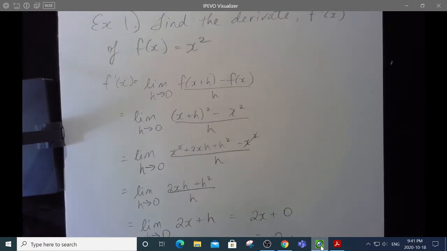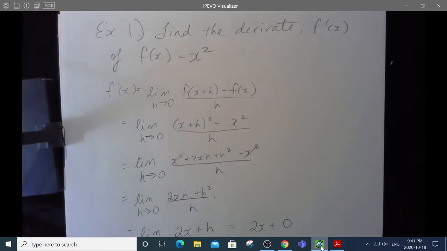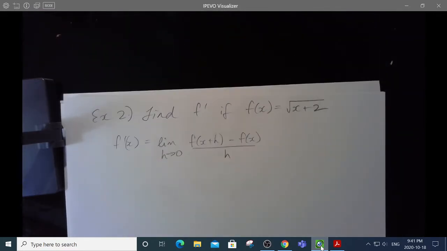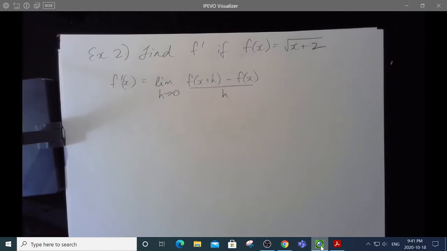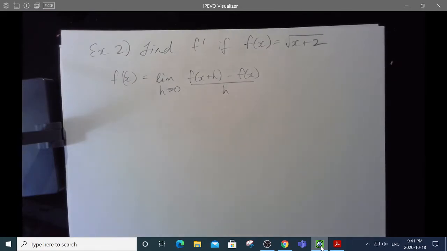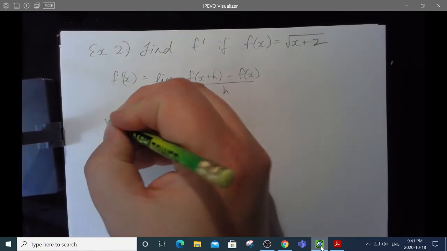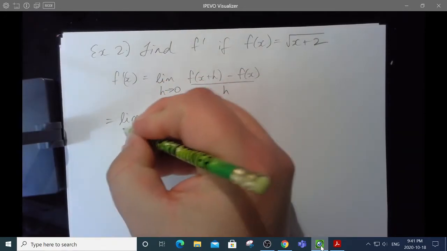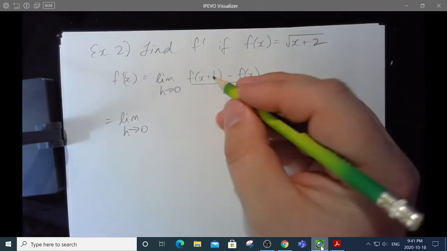That won't be true of our next example. In our next example, we are going to find the derivative, f primed, if f of x is equal to the square root of x plus 2. Aha. What's that going to look like? All right, well, let's see. That's going to equal the limit as h approaches 0 of f of x plus h.